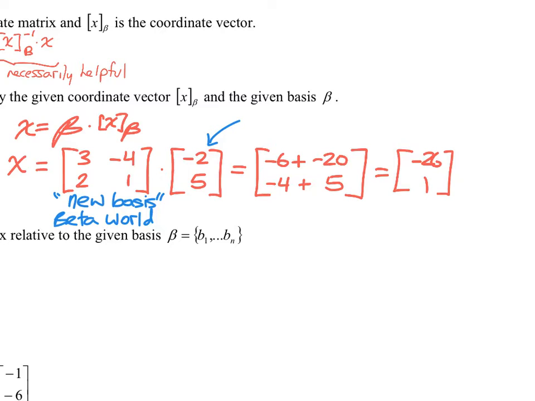All right, so beta world. So this is a coordinate or a vector, but the vector is related to a coordinate. So I'll say coordinate in beta world.